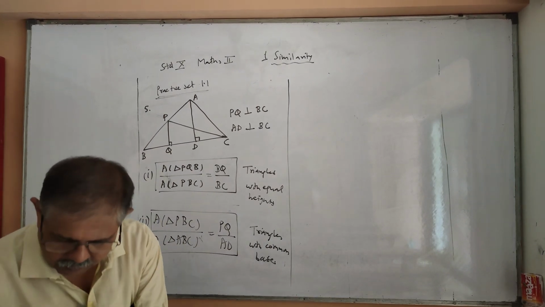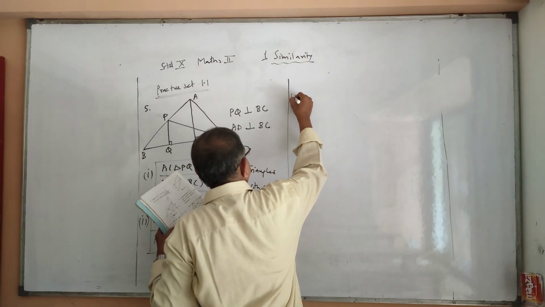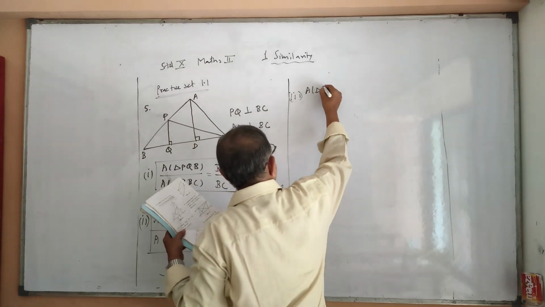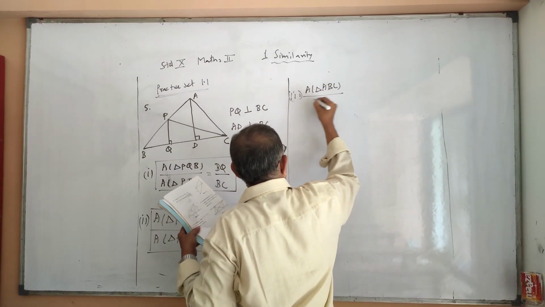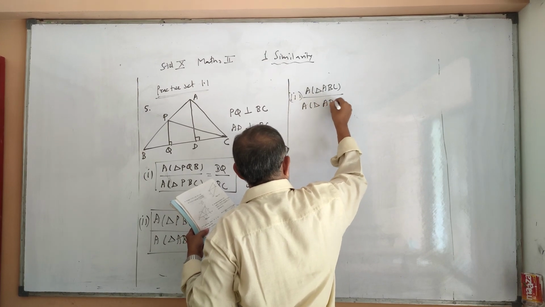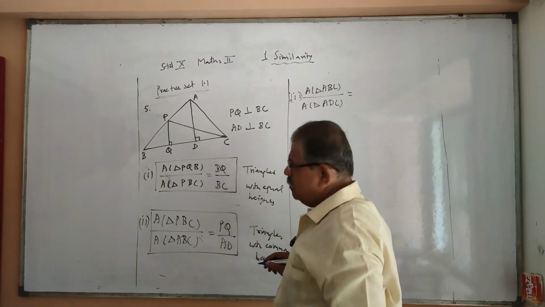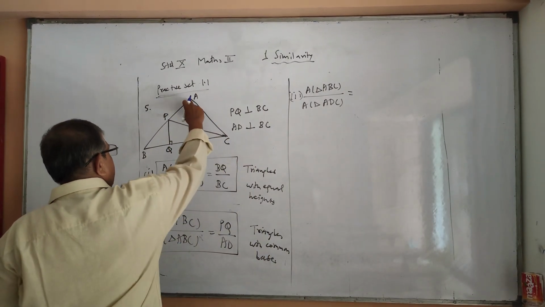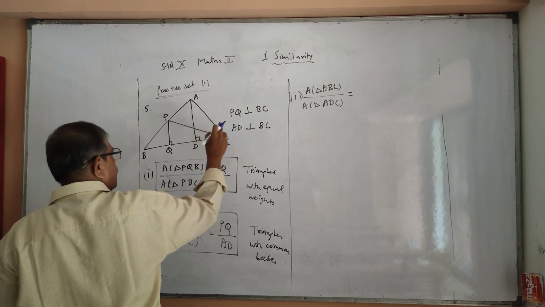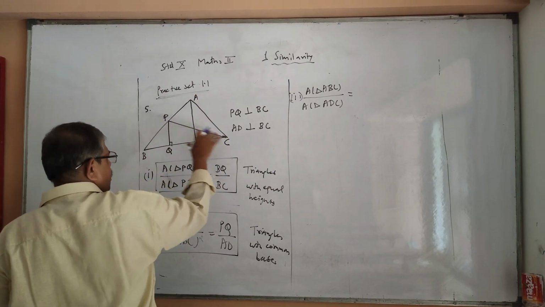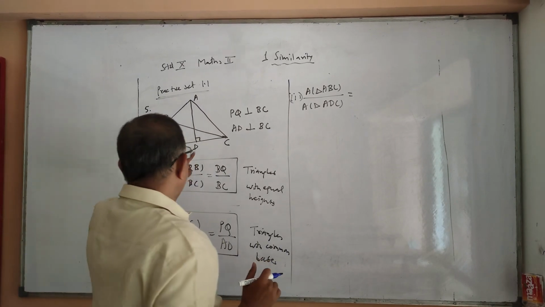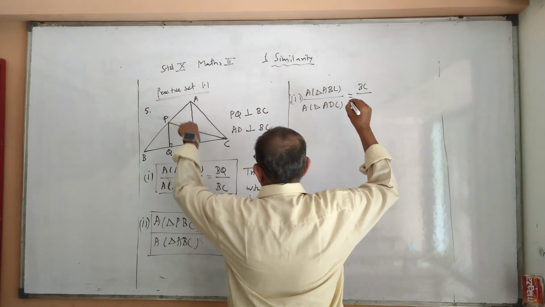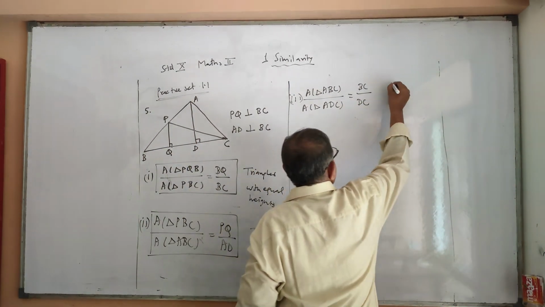The third sub question they ask: area of triangle ABC upon area of triangle ADC. Now if you see, this is the triangle ABC and ADC is this. So again height AD is equal for both of them, and so here ABC base is BC upon, for ADC, base is DC.